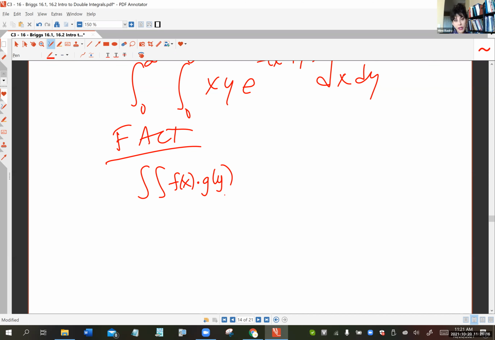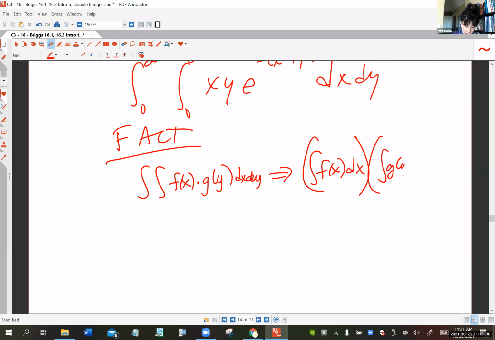You can't always do this, okay? For this problem, you can. If you can do that, you're allowed to rewrite it as two separate single integrals, and then multiply the results. So this has to do with multiplication, not addition. This has to be a multiply, not an add.